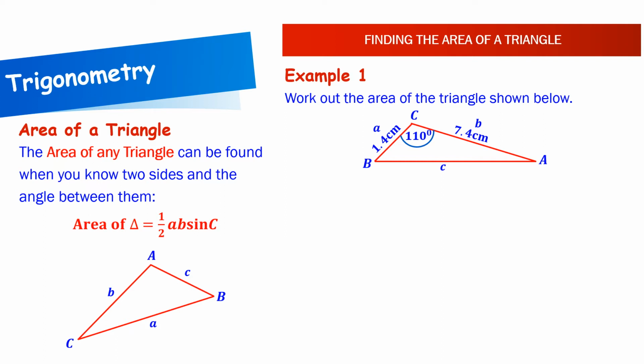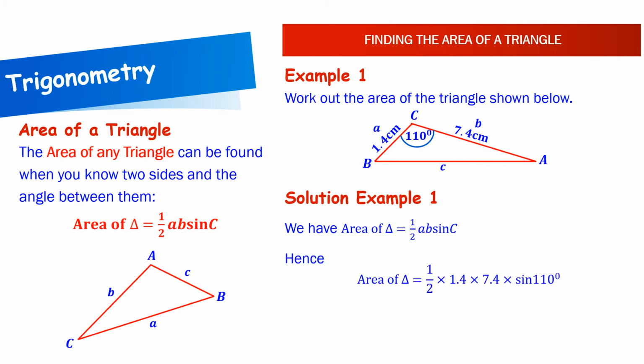Let's label the sides as shown first of all, and then solve. From our formula we have that the area of the triangle is equal to half ab sine C. Therefore, plugging in the values, we have that the area of a triangle equals half times a, which is 1.4 centimeters, times b, which is 7.4 centimeters, times sine 110 degrees, where 110 degrees is the angle in between these two sides.